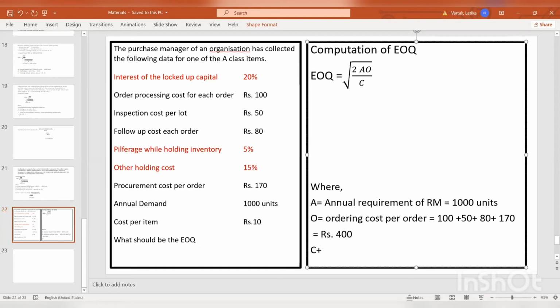Similarly, we have to calculate carrying costs, C. So C is equals to carrying cost per unit per annum.